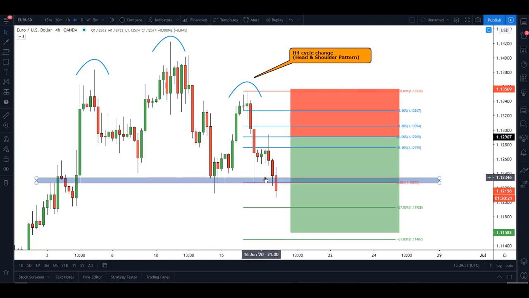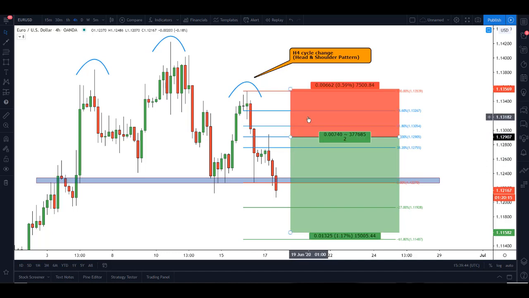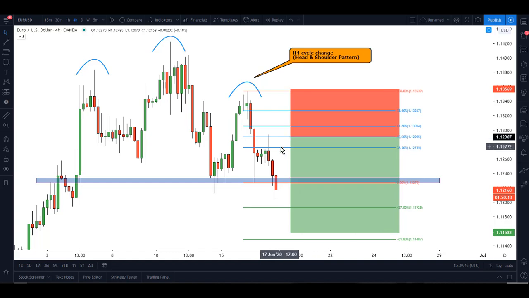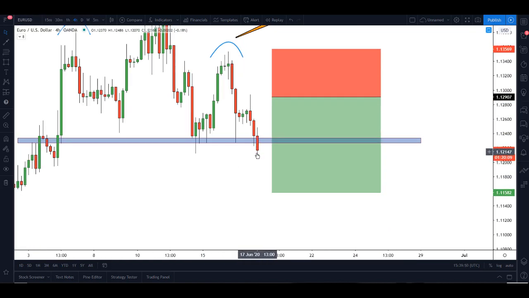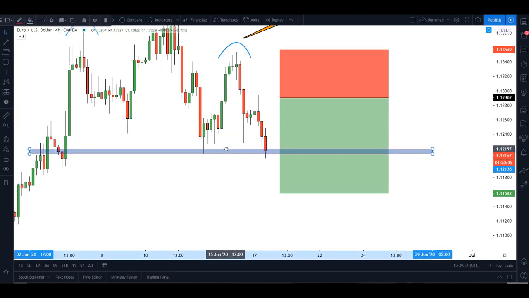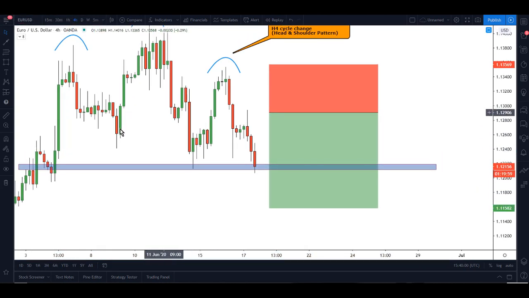This was our neckline. We've already taken half of our money off the table. That's banked. This trade is actually risk-free now. So if you're not in already, you're looking for price to break below. In fact, we're going to drop this down because this was the last significant low in this movement.